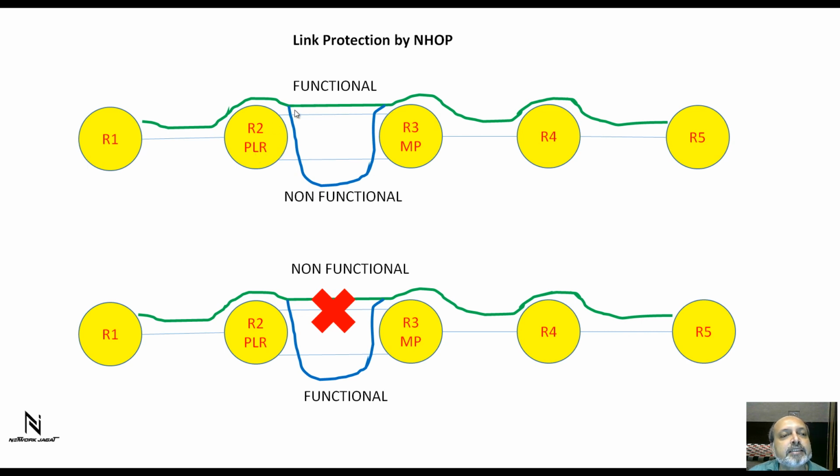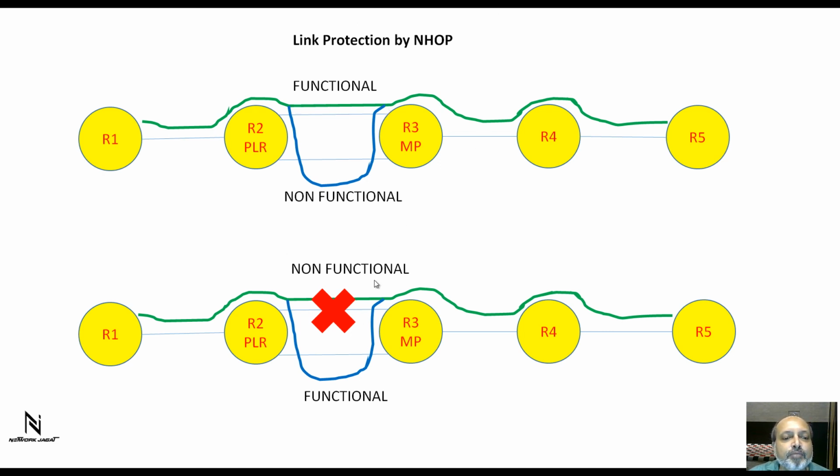So PLR is where the protection path will start, and MP is where the protection path and the original path get united, right?